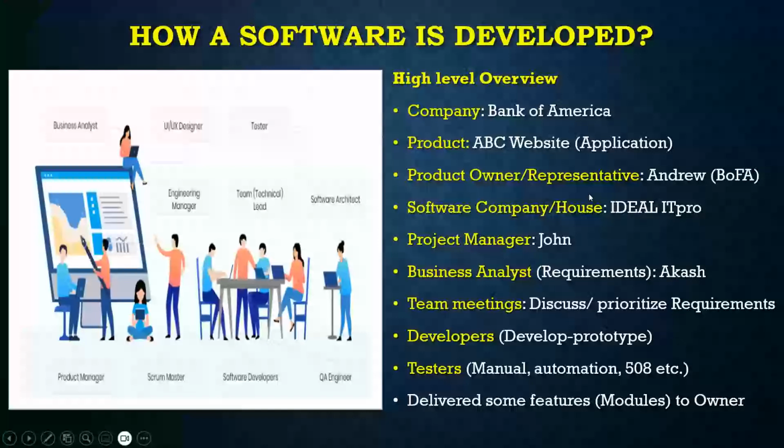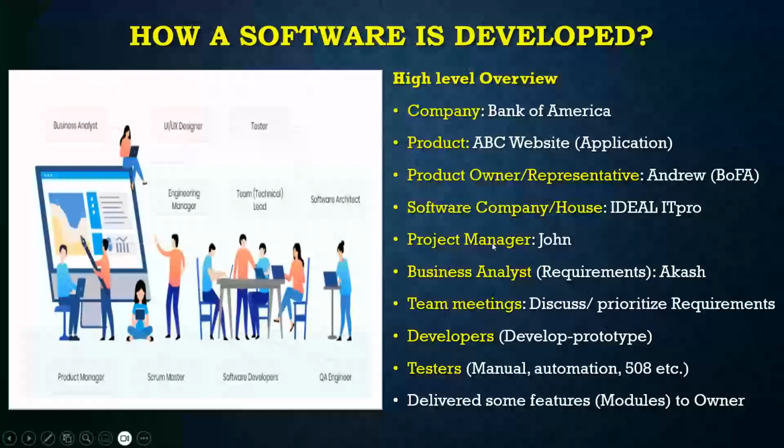Once this representative Andrew connects with our company, we should have a team who can develop, who can test, who can gather information from Andrew, the representative. So the very first person in our team would be a project manager. Let's say his name is John.